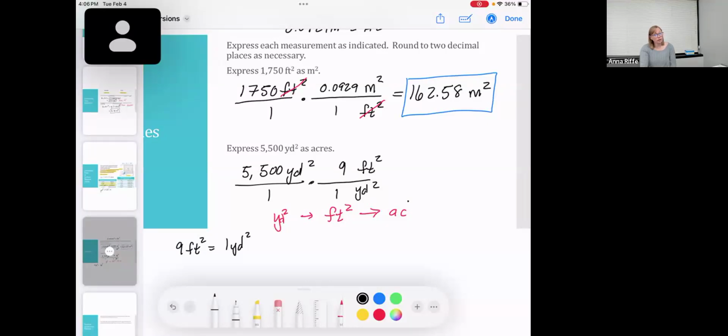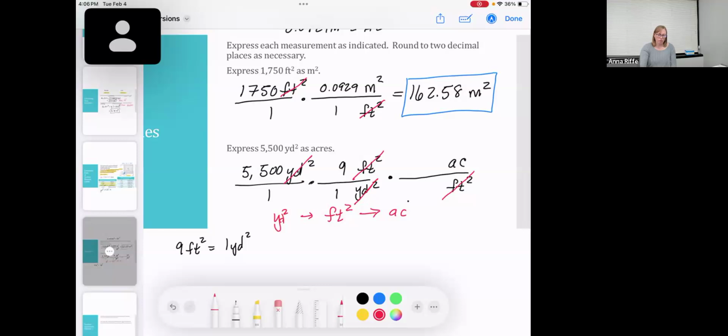I'm going to wait to multiply because we're not quite done. We just converted square yards to square feet. I'm going to multiply by another unity fraction, converting square feet to acres. This one has to have square feet on bottom because I already have a square foot on top. I'm now going to put my acres on top. So the square feet will cancel.